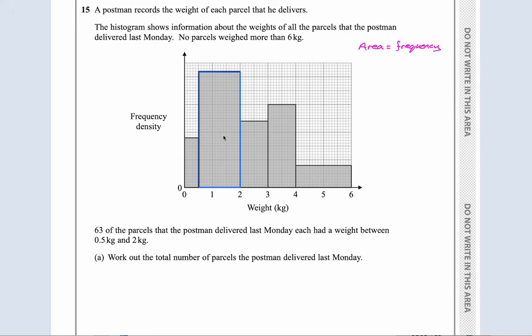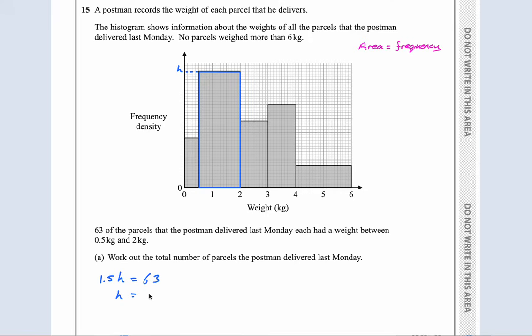So that's this bar here. So let's just call this h for now. This h is the height of the bar. The base 1.5, that's right here, 1.5 times h equals 63.